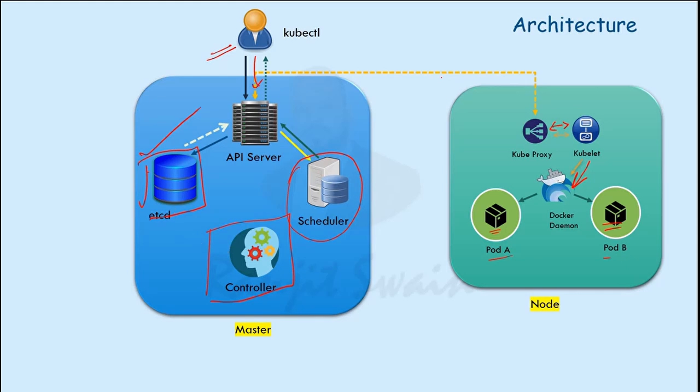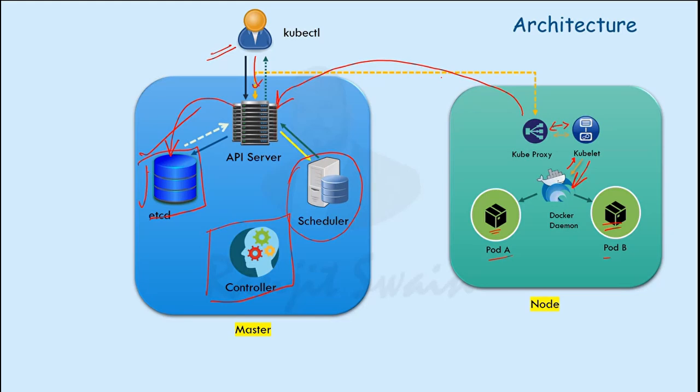Okay, so before that, suppose once the pods are created, suppose new pods are created, what will happen again? The kubelet agent will get the information back and send it again to the API server, that these two new pods were created with this information, and the API server will write it back to the etcd database.